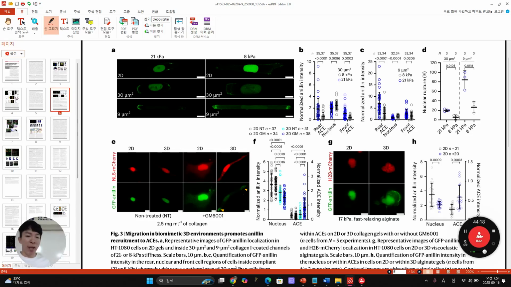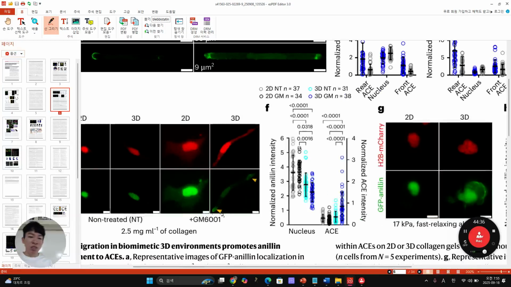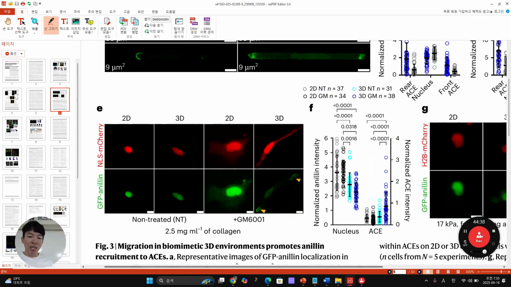That is why there's no ACE structure here. But you look at the 3D normal condition, there's no NLS leak out, lamin leak out. But when they block MMP, now they have to physically migrate in a confined area. You can see this NLS is leaked out here, and then ACE structure is detected. So they found out that this really is a happening phenomenon in 3D collagen hydrogel, right?